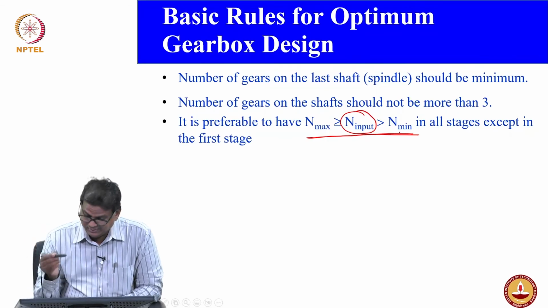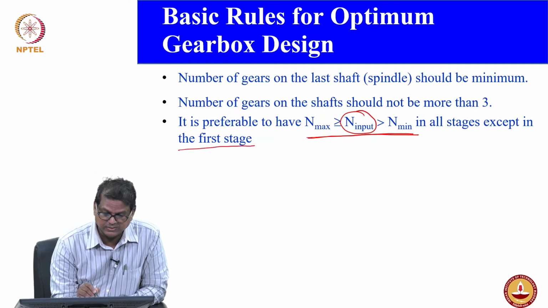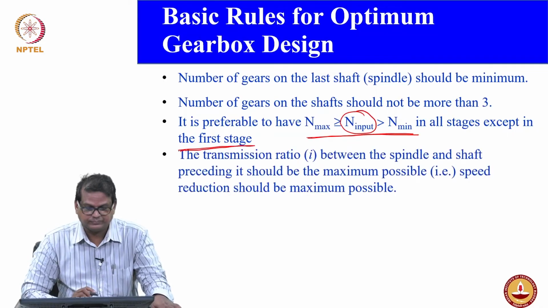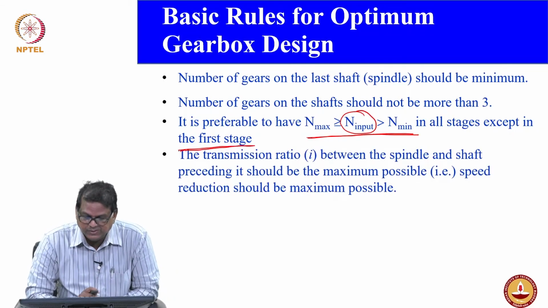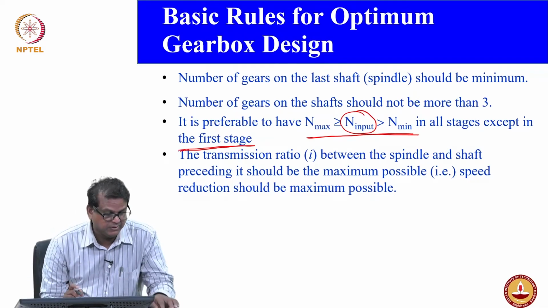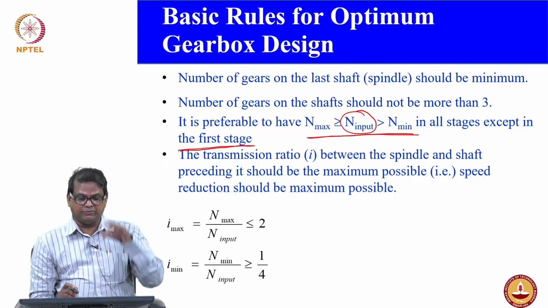This should be followed in all stages except the first stage. The transmission ratio between the spindle and the shaft preceding it should be the maximum possible, that is, speed reduction should be maximum possible. You can see these are the two things you have to follow.